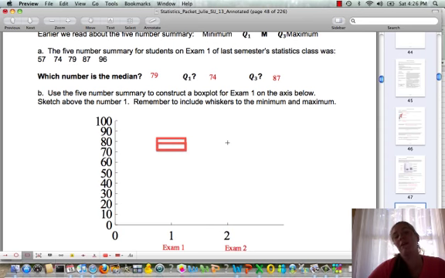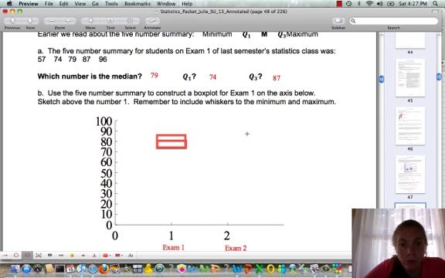Okay, so mine's maybe not as good as you can draw. Maybe my peak here needs to go a little bit higher, up to 87. Maybe this end needs to come in a little bit. Okay, so I'm confident you can all draw better boxes than I did.